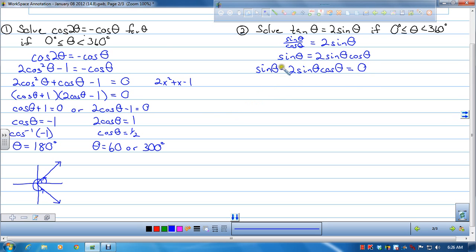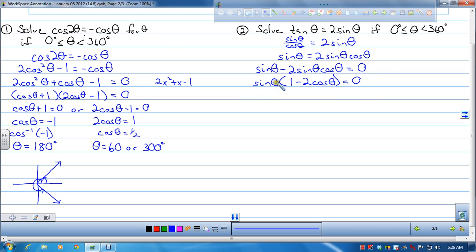Now these share something, so that means I can factor those out. If I factor out a sine theta, divide a sine theta out of there, I would just have 1, right? Minus, if I take out a sine theta, I'm left with 2 cosine theta.